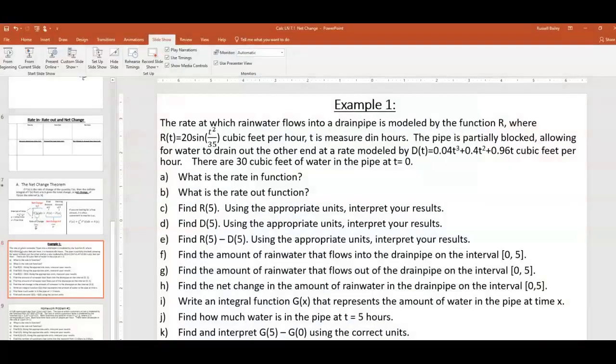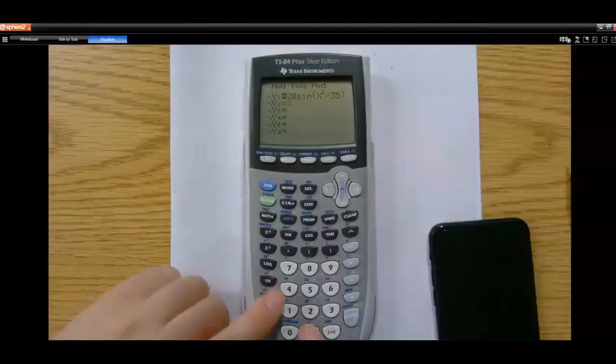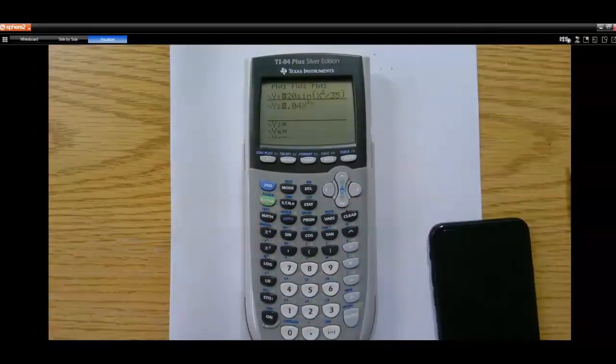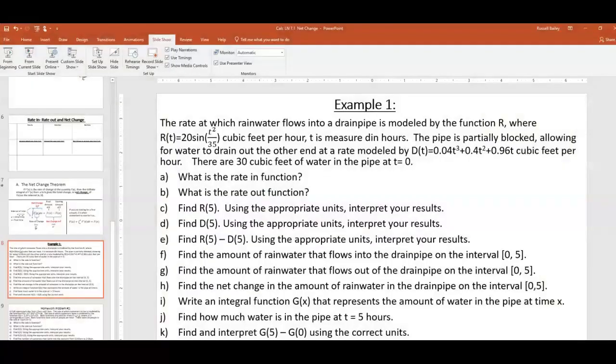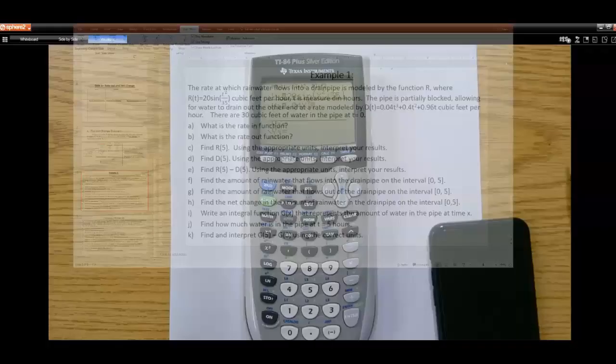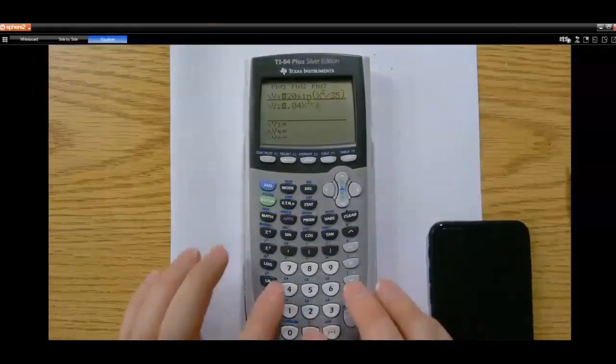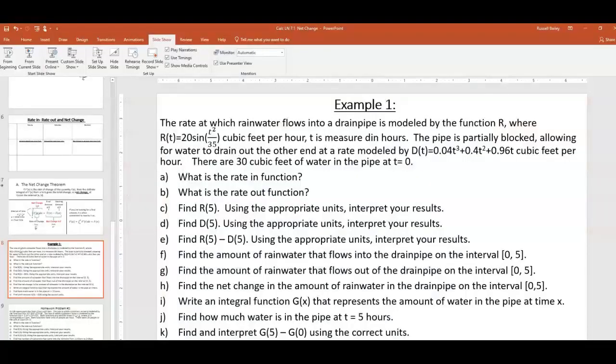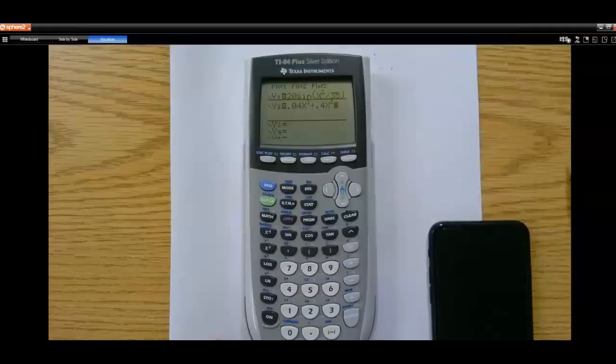The D function is 0.04 t cubed plus 0.4 t squared plus 0.96 t.